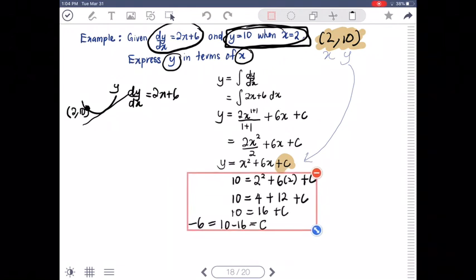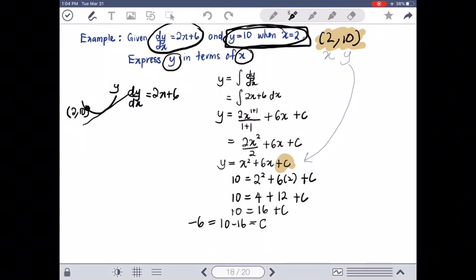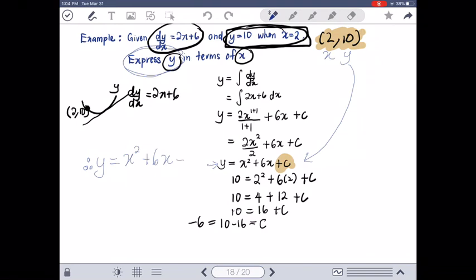Therefore, we have c equals negative 6. Hence, the final answer: the equation of the curve, expressing y in terms of x, y is just equal to x squared plus 6x minus 6. That is your final answer.